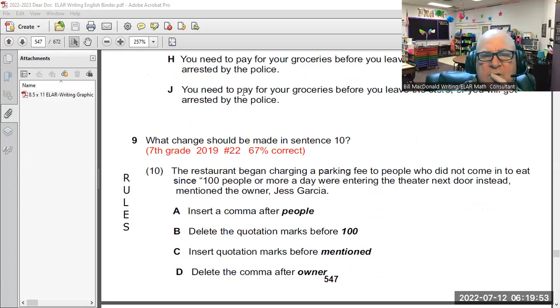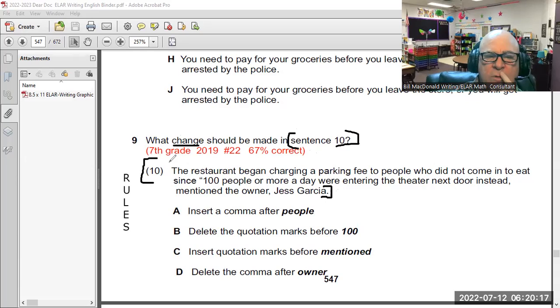Capital, what change should be made in sentence with a little bracket? That way I don't underline the sentence. I'll make a bracket, an opening bracket when the sentence starts inside the passage, and a closing bracket.